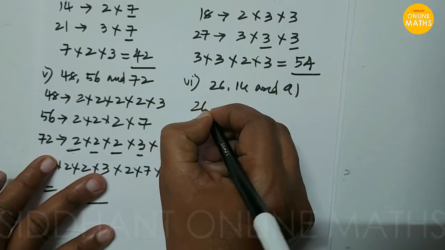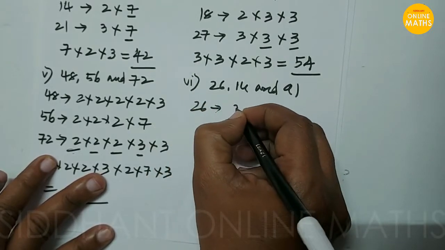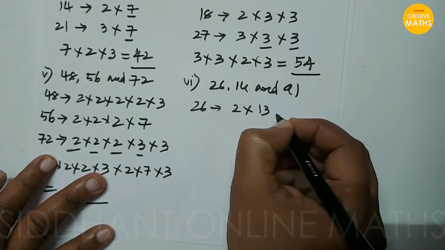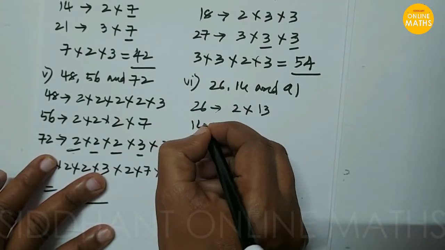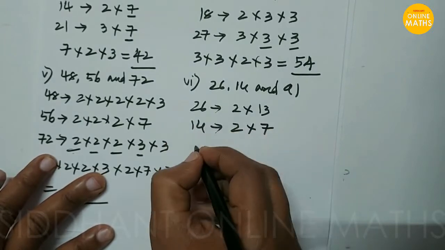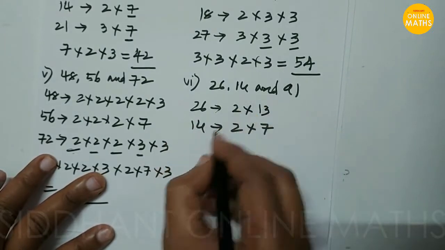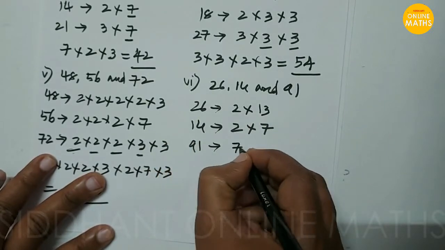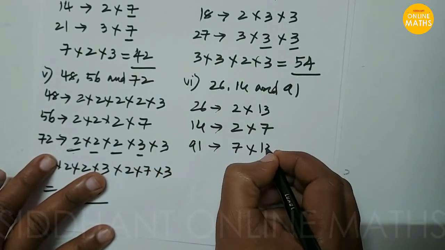Next, 26, 14 and 91. For 26 the prime factorization is 2 into 13, and for 14 it is 2 into 7, and for 91 it is 7 into 13.